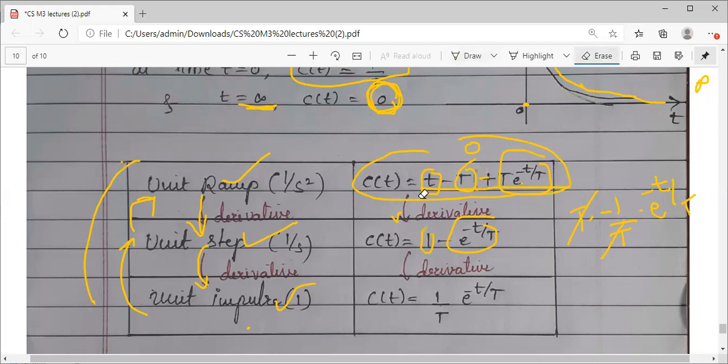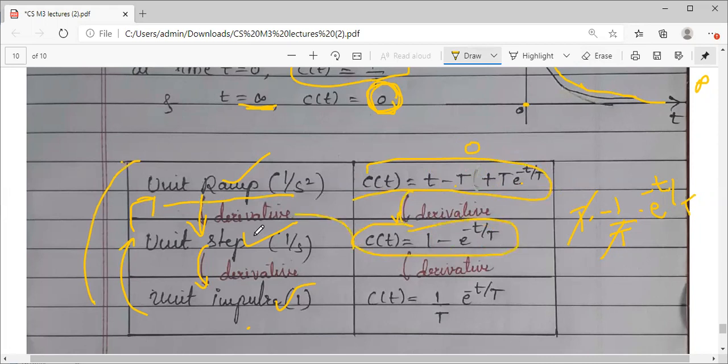So if you differentiate, not only inputs, even outputs are also related in a derivative manner. So if you take the derivative of the output corresponding to the ramp input, you get the answer for the step. When you apply the step signal as input, the answer that comes is that. Similarly, again take one more derivative.